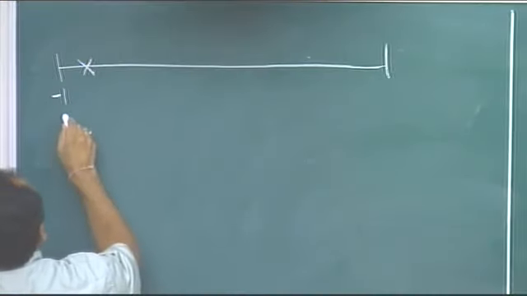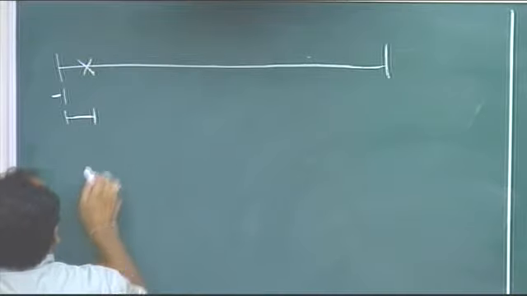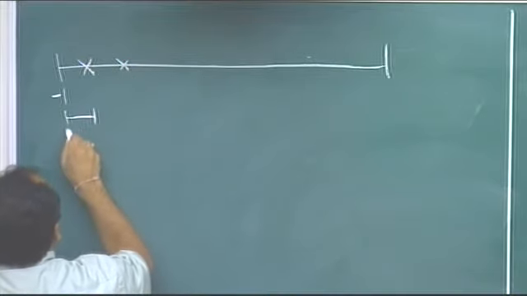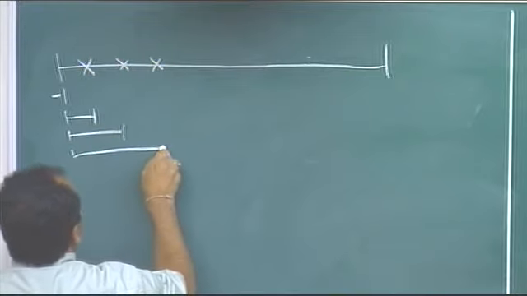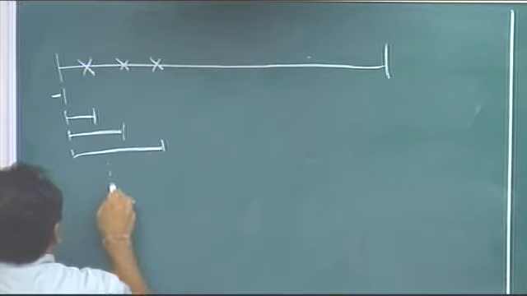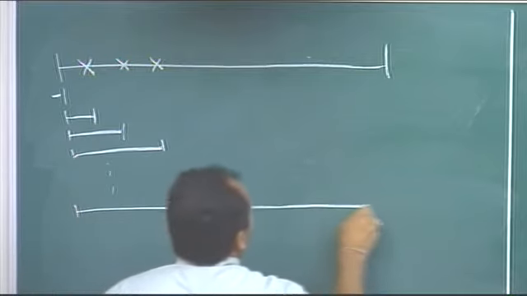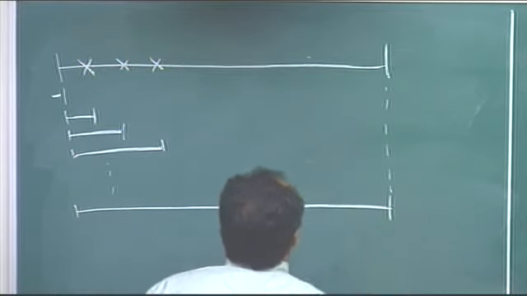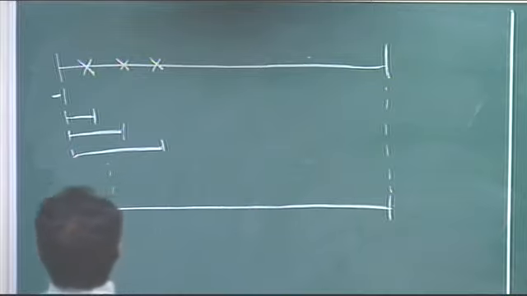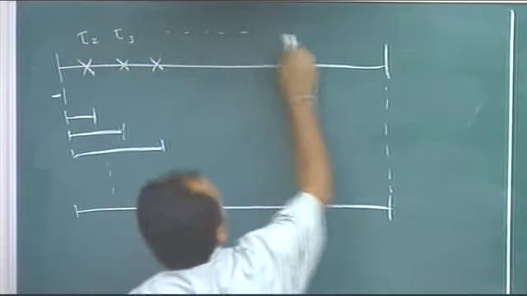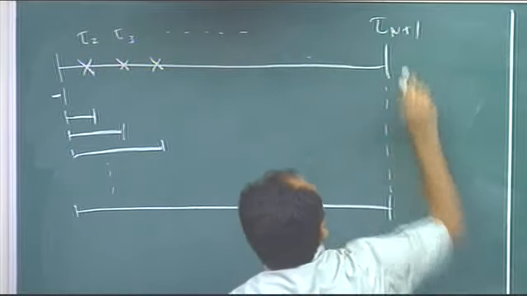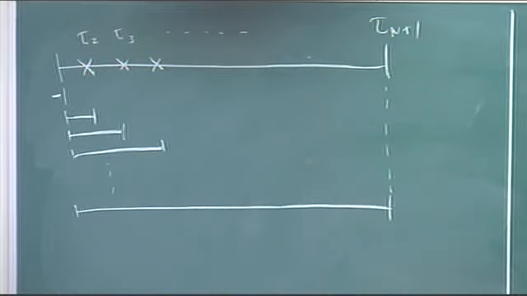I'm going to integrate from here to there, and then to the next point, to here, and then I'm going to keep integrating until I get to the end, where I integrate across the entire interval, right? So if you look at this, this is tau 2, tau 3, dot, dot, dot, all the way up to tau n plus 1. So I'm integrating from -1 to tau 2, -1 to tau 3, all the way up to -1 to tau n plus 1.